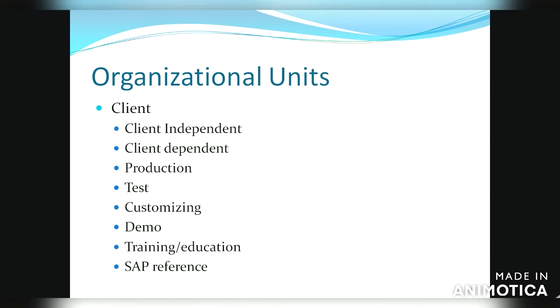Moving on to multiple clients, what I have discussed, like development, quality and production, SAP provides multiple clients like client 000, 001 and 066. These are the three clients which SAP will provide.